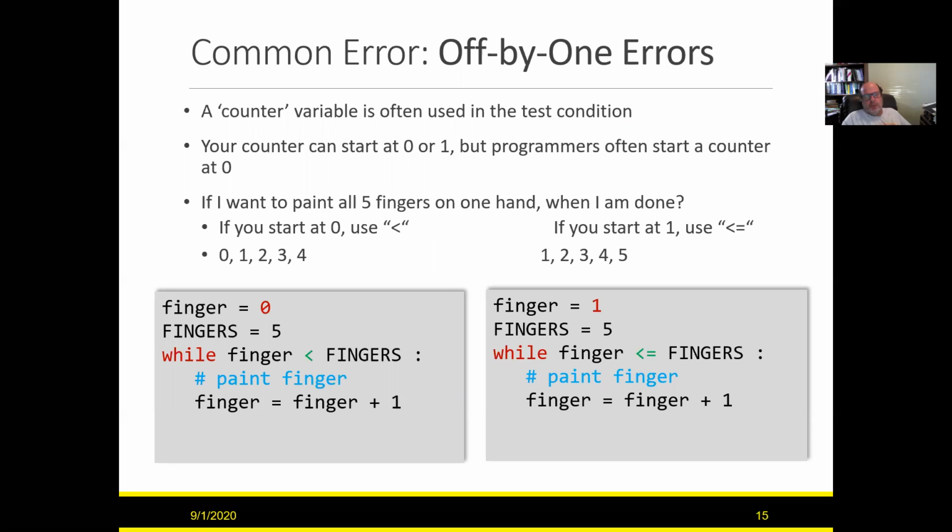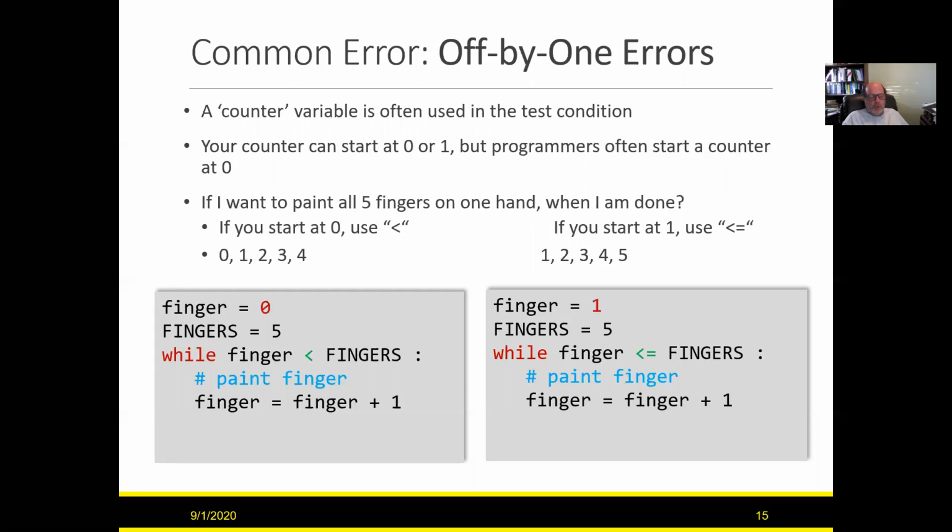The common error is the off-by-1 error. We have to be sure that we're checking these things. Coming from C++, we always started with 0, going 1 less than the end of it. So if I wanted to do 5, I started from 0 to less than 5. But if I start with 1 and I go less than 5, I'm going to get only 4.